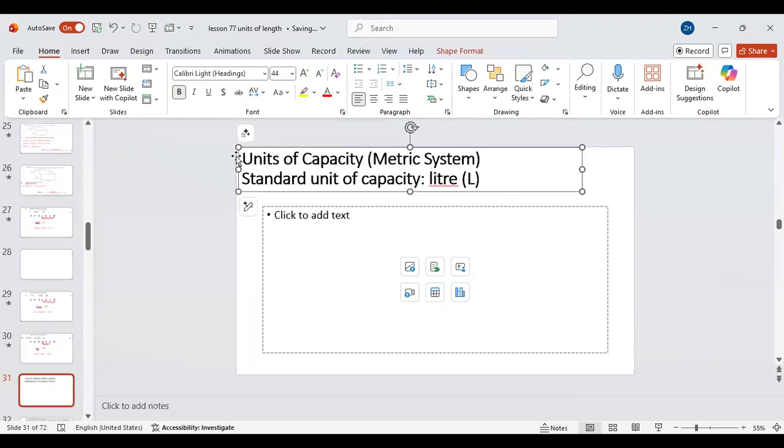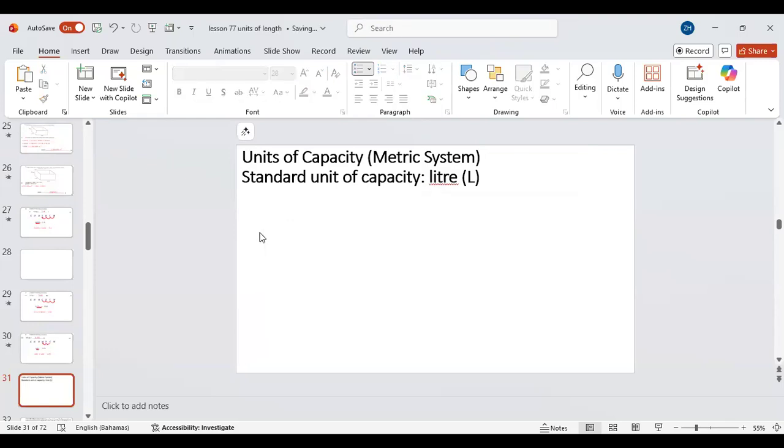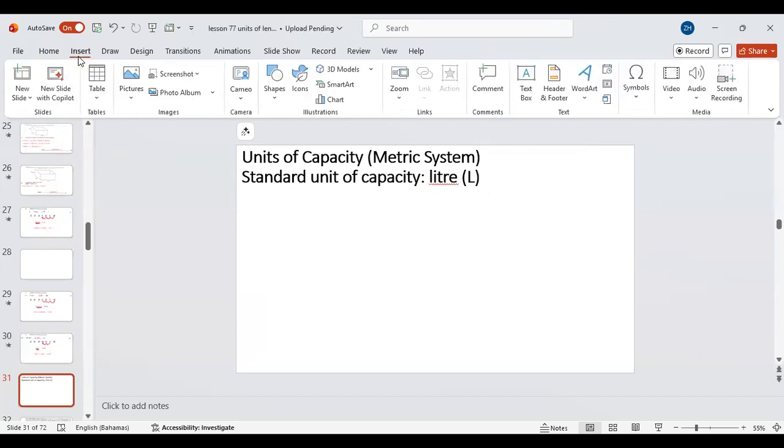So we have grams for mass, meters for length, and liters for capacity. Y'all ever see on bottles or milk, they have liters, like how much it is? Or a baby bottle.